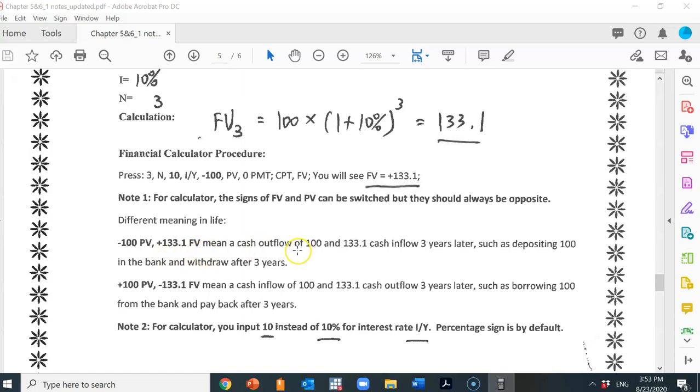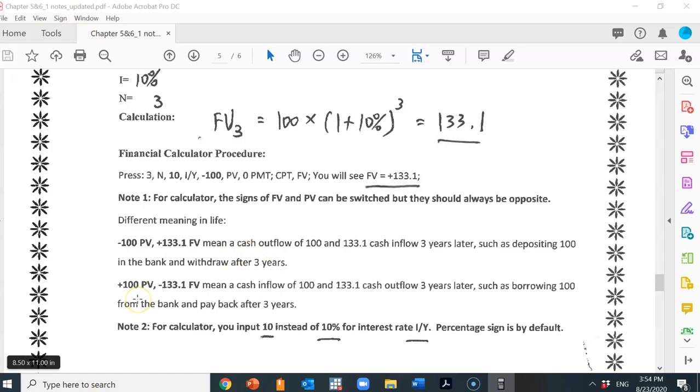So this means we're having a cash outflow of $100 today, and we're having a cash inflow of 133.1 3 years later. Such as we're depositing $100 today in the bank and we withdraw after 3 years. So we are paying $100 today and receive 133.1 after 3 years.